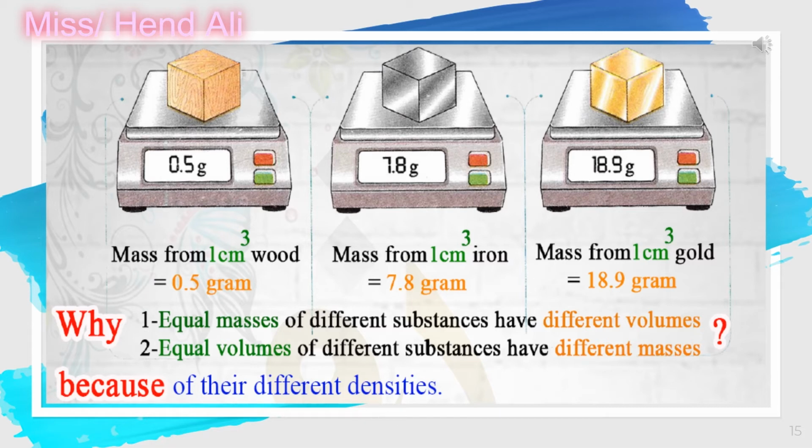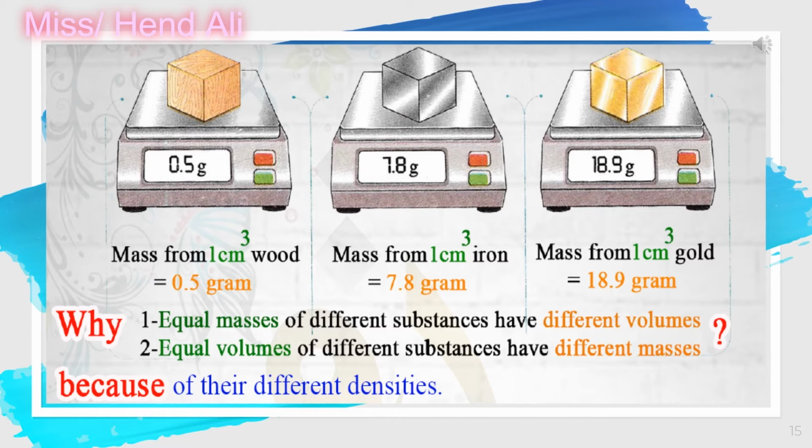Okay, let's see. Do they have the same mass? The mass of 1 cubic centimeter of wood equals half a gram. The mass of 1 cubic centimeter of iron is 7.8 grams.